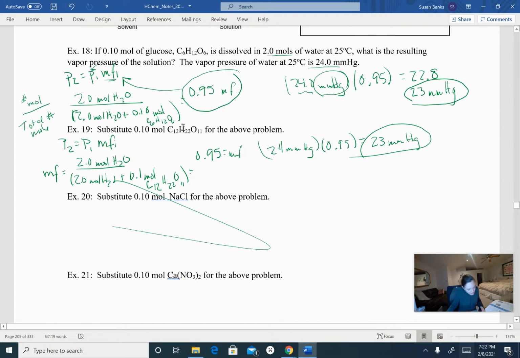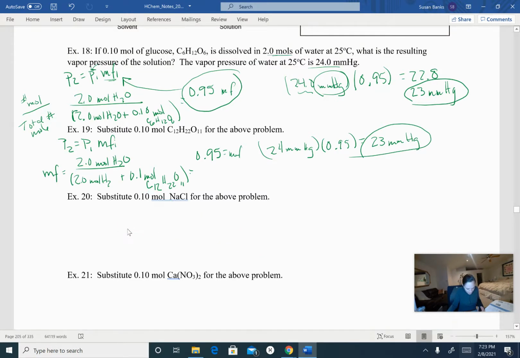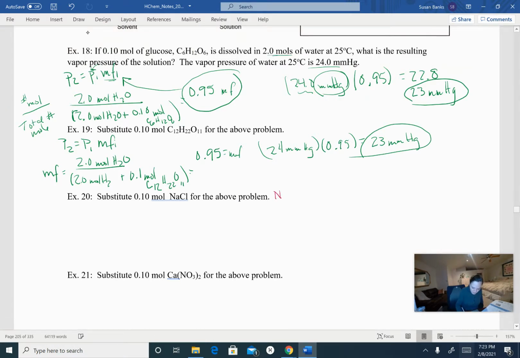Okay, now let's look at number 20. Now you're going to think, okay, well we're going to substitute 0.1 moles of sodium chloride instead of sucrose, instead of glucose. Now, this one's kind of tricky. Think about what happens when sodium chloride goes into water.